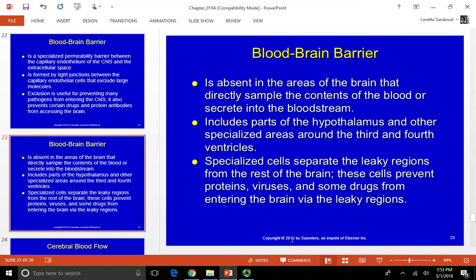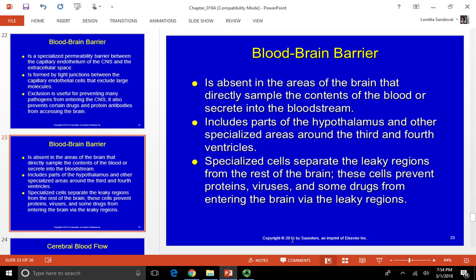So the blood-brain barrier is absent in areas of the brain that directly sample the contents of the blood or secrete into the bloodstream. That includes part of the hypothalamus and other specialized areas around the third and fourth ventricles. The hypothalamus exerts a lot of its control through hormones and affecting adrenal glands and other hormonal glands, so it needs to secrete things directly into the bloodstream.